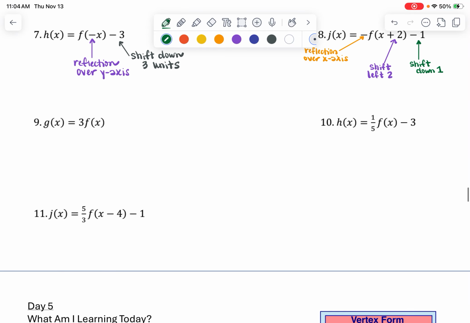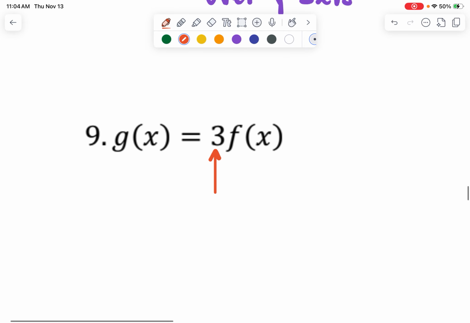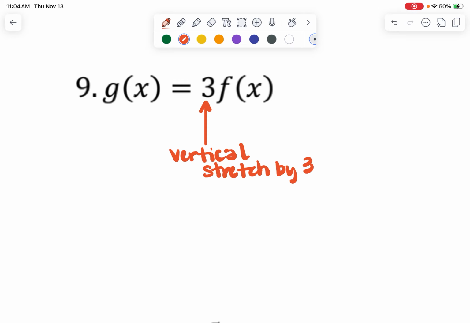All right, just got a few left and we're all done. All right, this one has a 3 multiplier in the front, which means it's 3 times taller, right? So I'm going to write a couple things down here. So it's a vertical stretch by 3, which I want you to write down. But I also want you to tell me, does that make the graph narrower or wider, right?